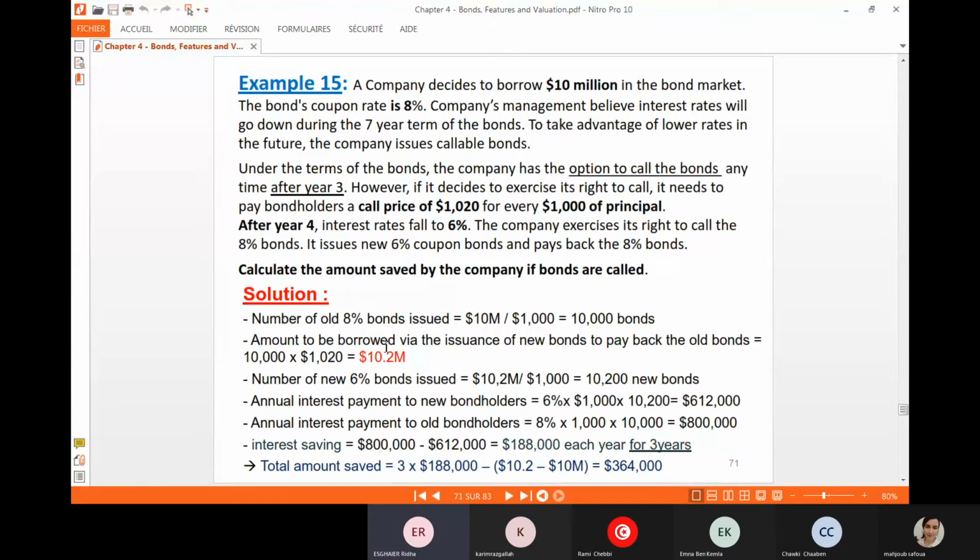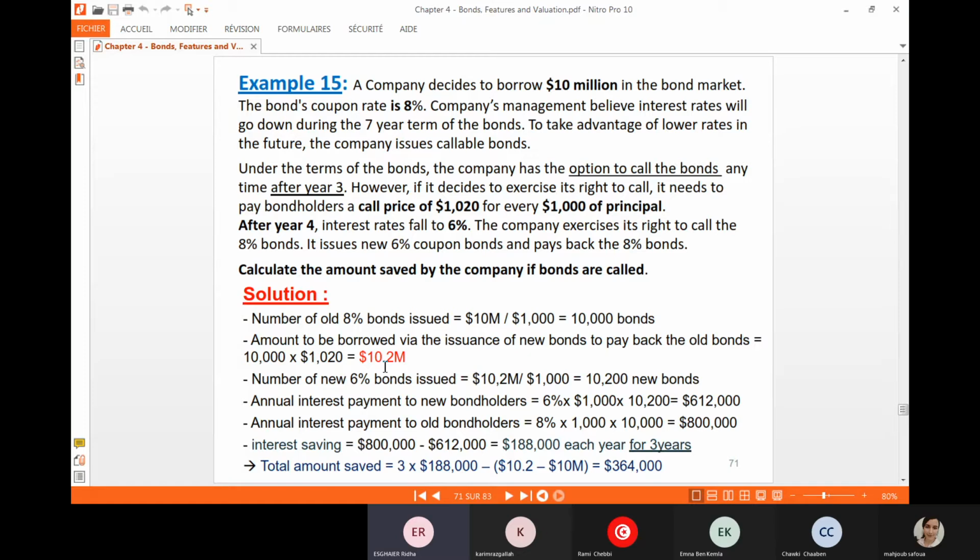The operation is that initially you borrowed $10 million and now you need to pay $10.2 million to buy these bonds. Of course, there is a cost here, we have a loss. Initially I took 10 million, and now I will pay back 10.2 million because I have a call premium, so here I am losing, I have a loss. But the gain now, what is the source of the gain?